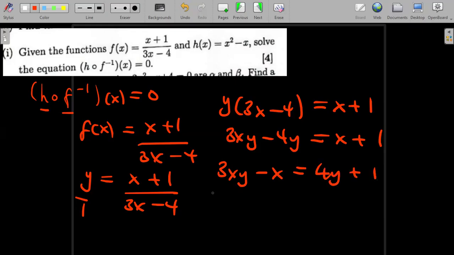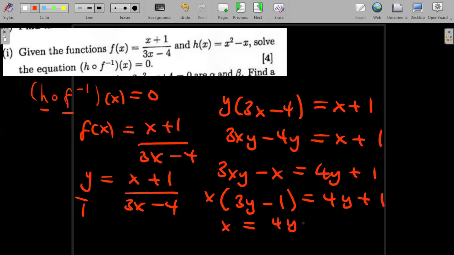Then I can factor out an x, so I'll have x times (3y minus 1) equal to 4y plus 1. Then I divide by 3y minus 1, and I get x equal to (4y plus 1) over (3y minus 1).